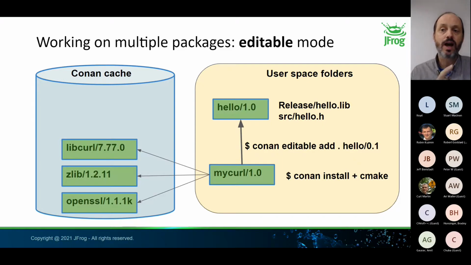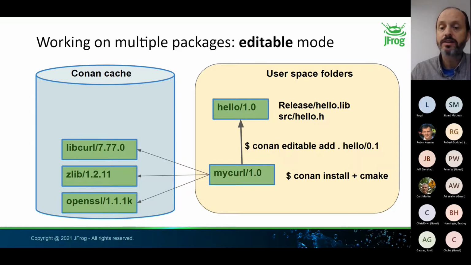Okay. Then after you write the Conan editable command, you go to the application project and then you type Conan install. This Conan install will find hello 1.0, but not in the cache anymore. It will find hello 1.0 directly in the folder that you are developing the hello package.